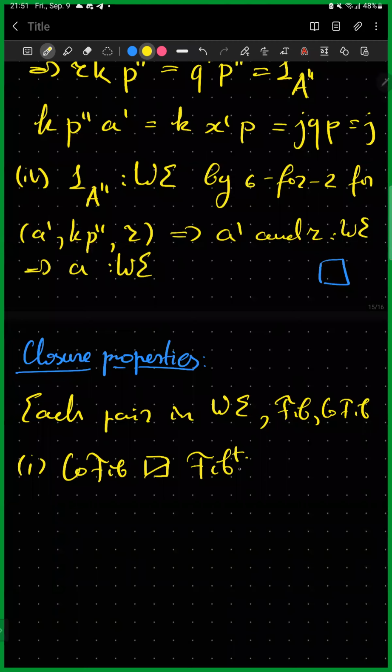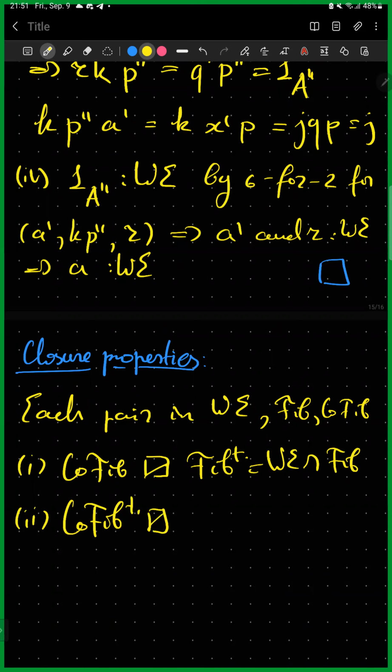So trivial fibrations are just the intersection of weak equivalences and fibrations. Fibrations are defined from weak equivalences and cofibrations, by taking the maps which have the right lifting property with respect to the intersection of cofibrations and weak equivalences.